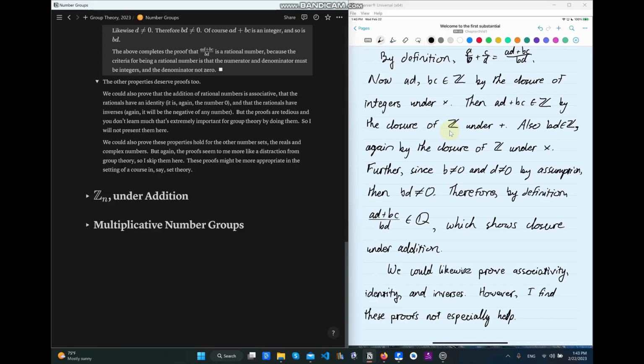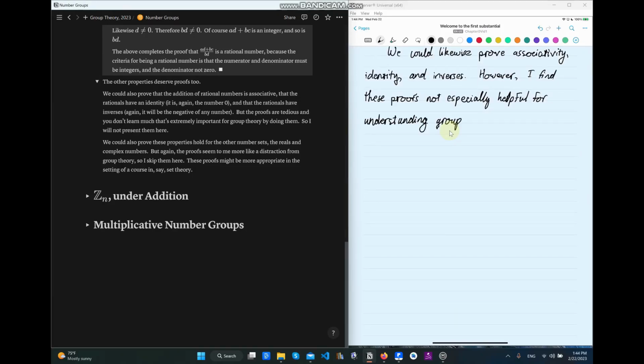Now, further, we know that b is not 0 and d is not 0 by assumption, and therefore their product cannot be 0. And that is all that we then need to establish that by definition, this ad plus bc over bd is a rational number, and that concludes the proof for closure under addition.